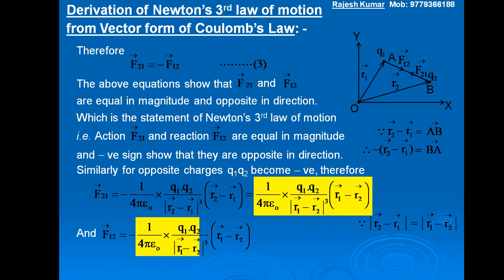Now, these two quantities are same. So, F12 vector becomes equal to minus F21 vector.